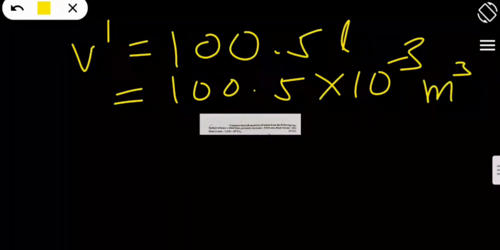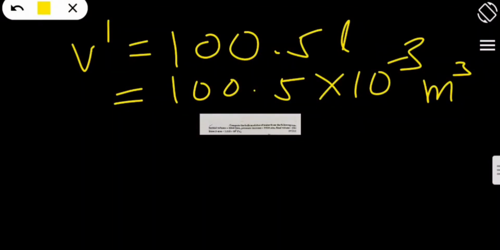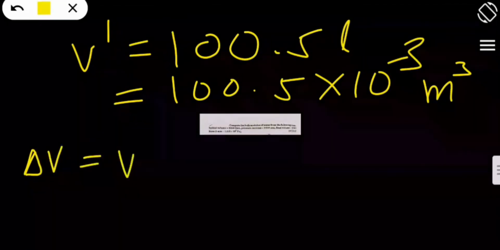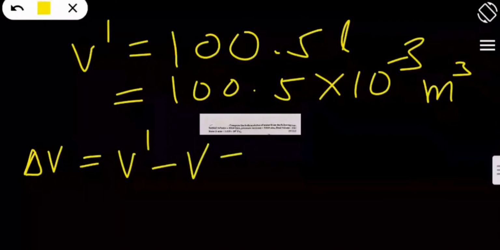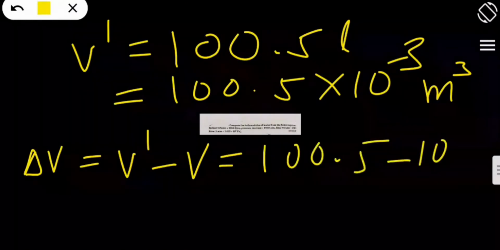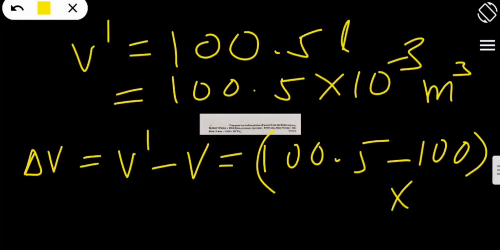Now let us find the increase in the volume, because we need to find delta V, right? Let us find how much change has taken place. Delta V is obviously final minus initial, V dash minus V. V dash is 100.5 and V is 100, and 10 to the power minus 3 is common.